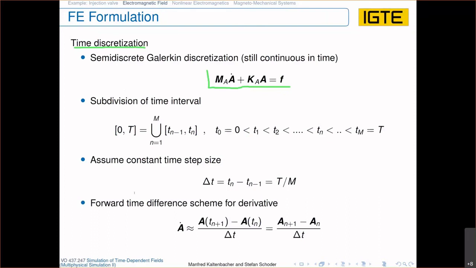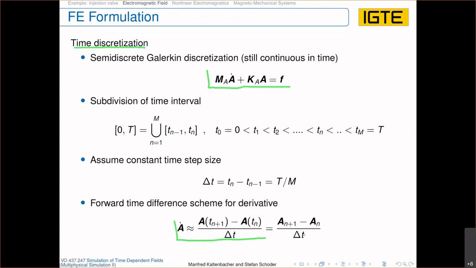For the time discretization, we apply a finite difference method, and the standard finite difference method is as shown here: you approximate the time derivative by evaluating the magnetic vector potential at time step T_{n+1} minus the magnetic vector potential at time step T_n, divided by the time step delta t. That is also shortly written as A_{n+1} minus A_n over delta t.